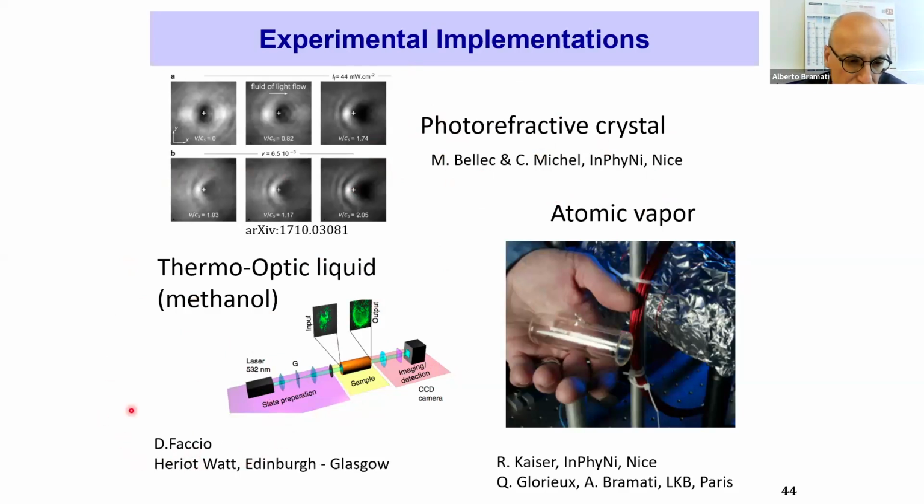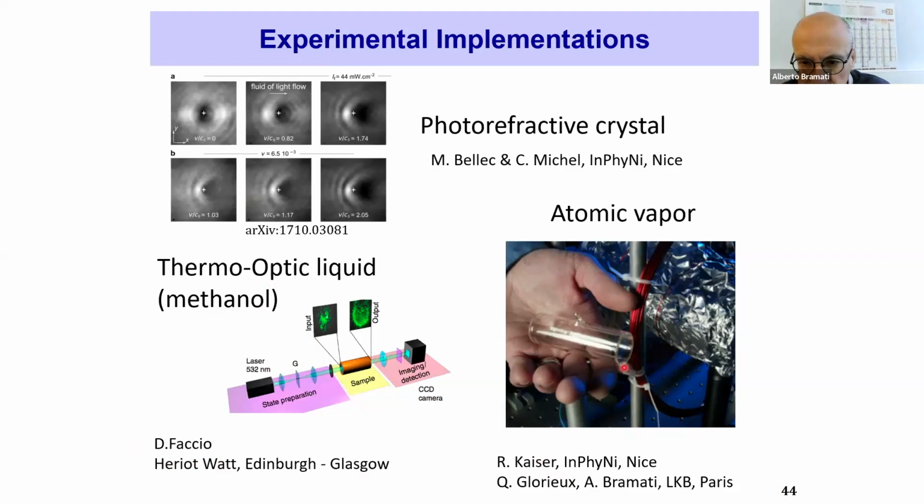Probably the first research that initiated this kind of study was by Daniele Faccio, which is now in Glasgow, and also atomic vapor, which is the case that we are studying in Paris, also in the group of Robin Kaiser in Nice. They are studying this kind of nonlinear system.